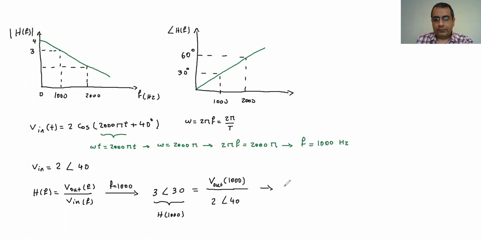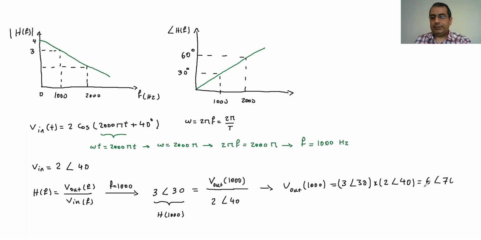Therefore, V out at 1000 is 3 with angle of 30 times 2 with angle of 40, which is just multiplying the magnitudes to get 6 and adding the angles together to get 70. So this is the output voltage.